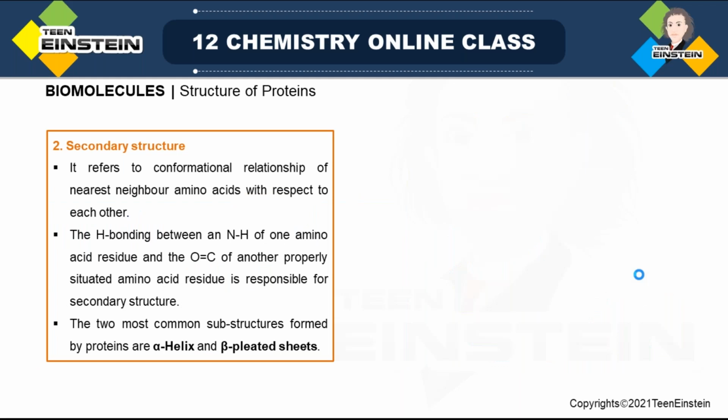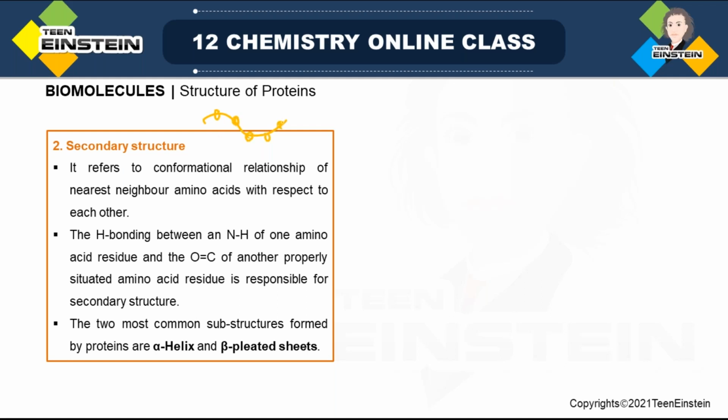Now after this, the next one is secondary structure. It refers to the conformational relationship of nearest neighbor amino acids with respect to each other. So sequence of amino acids is primary. Now conformational relationship, that means, I am writing this polypeptide where we have different amino acids.